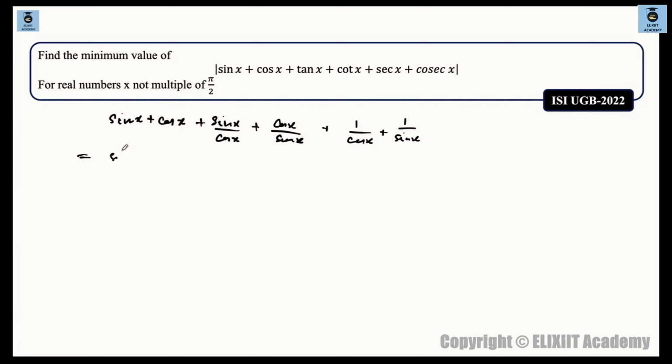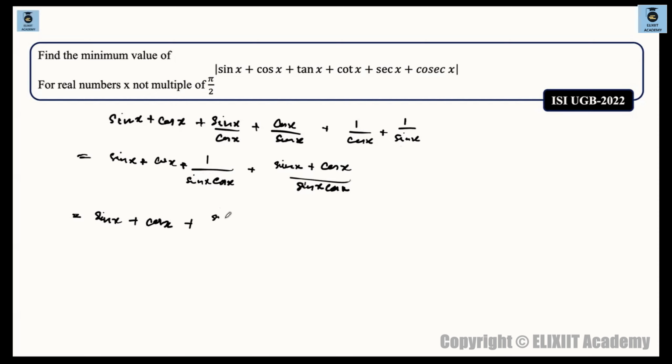Once I simplify this, we get sin x plus cos x plus (sin square x plus cos square x), which is 1, upon sin x into cos x. Similarly this becomes (sin x plus cos x) divided by sin x into cos x, and further this simplifies to sin x plus cos x plus sin x plus cos x plus 1 divided by sin x into cos x.